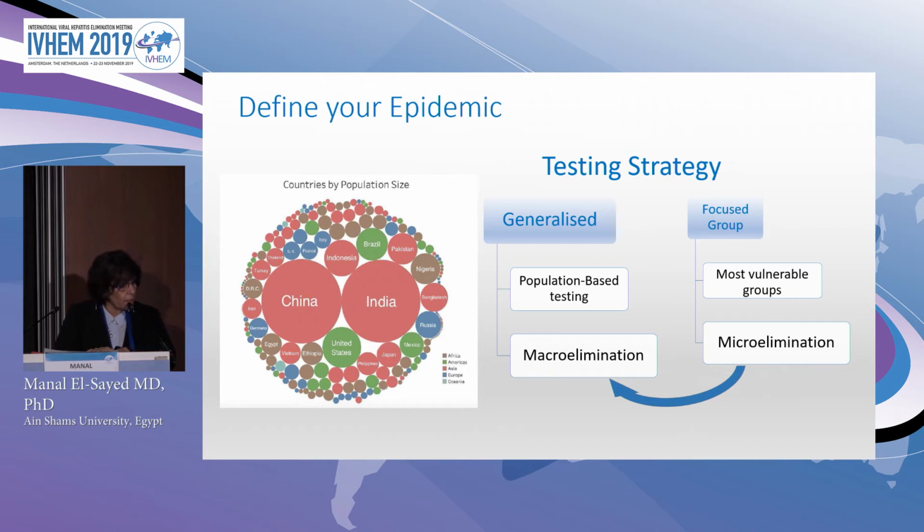Focus group, most vulnerable groups should be selected, injecting drug users, prisoners, migrants, even women, children, women in childbearing age, among others, hemodialysis patients, inherited blood disease, and this is called micro-elimination. And eventually the micro-elimination efforts would lead to macro-elimination, and the other way around. Macro-elimination can be broken down into provinces, states, villages, as we've seen today as an example from Egypt.